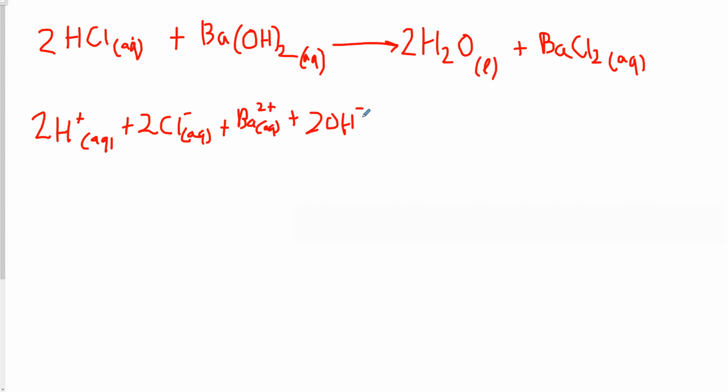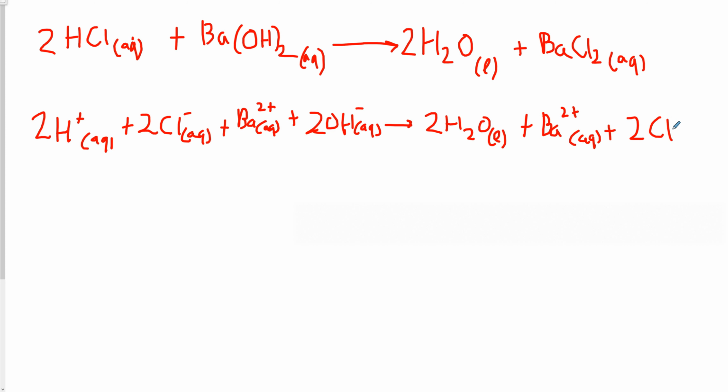And that is going to form 2H2O liquid. It's a molecular compound and it's neutral, so it's H2O liquid, it's not ions. And then we have our barium chloride, which is composed of barium 2 plus aqueous and 2 chloride ions, aqueous.